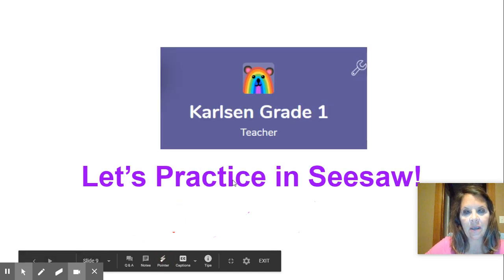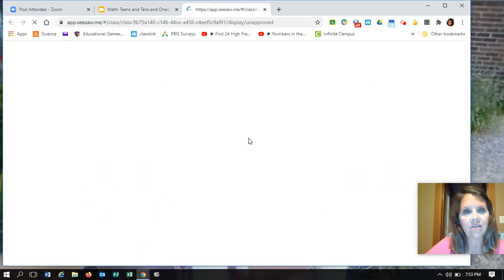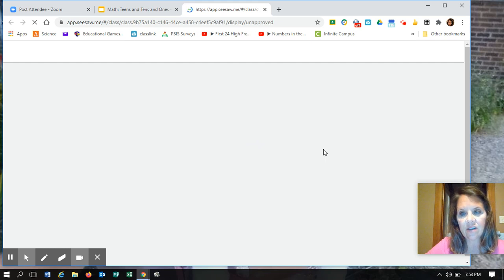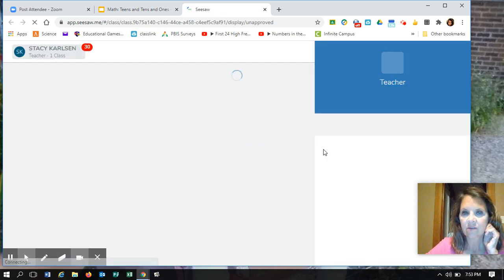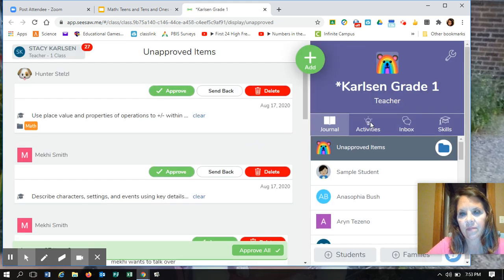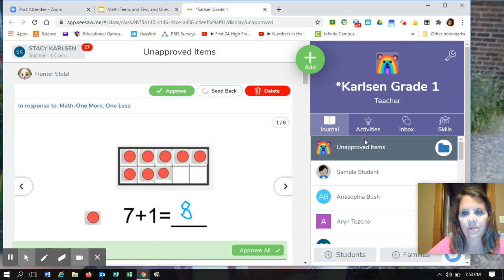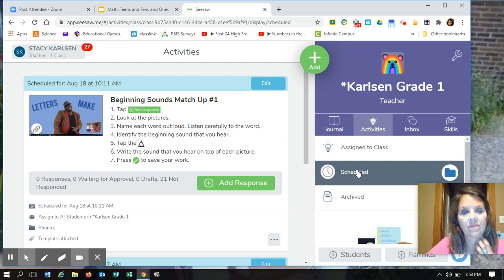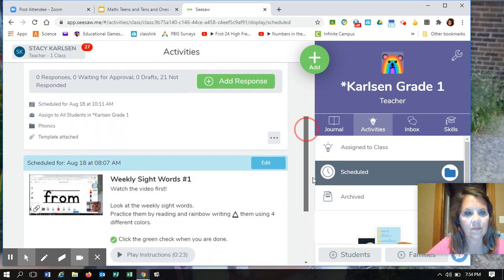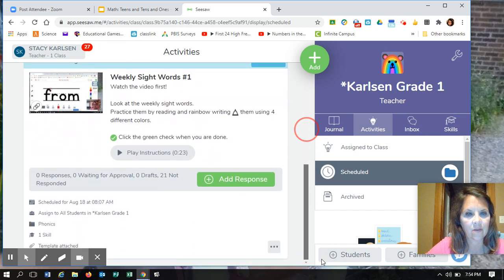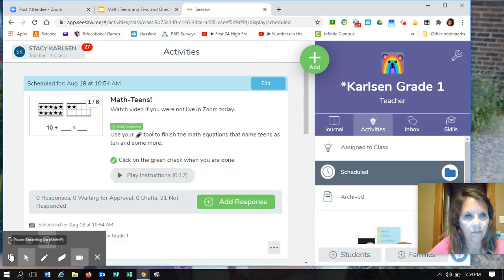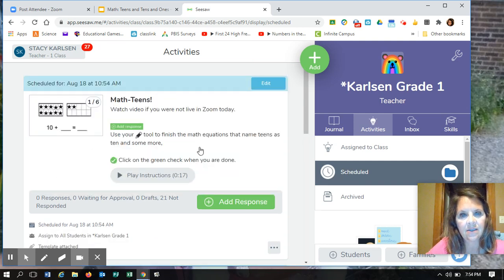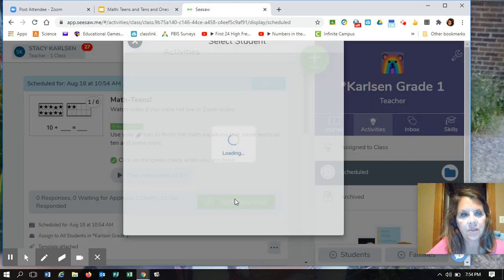So now it's going to be time to practice in Seesaw. So you're going to go into your Seesaw activities and find this one that says Math Teens. Click on Add Response.